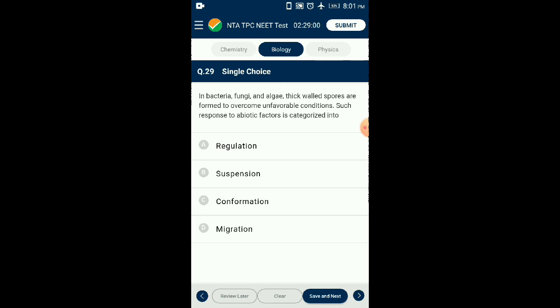Thick walled spores are found in bacteria, fungi, and lower plants. Higher plants produce dormant structures like seeds and other vegetative structures. So the answer for this question is option B, suspension.